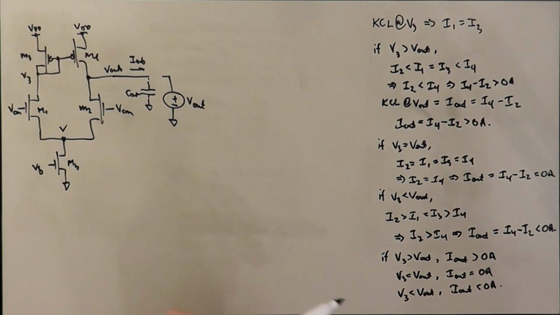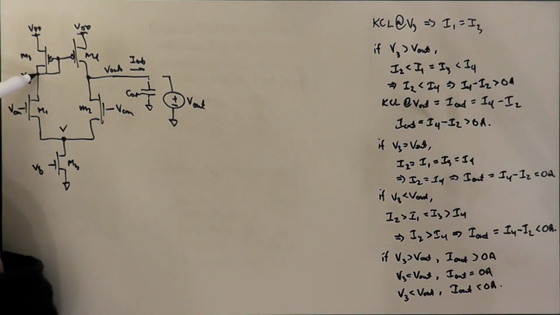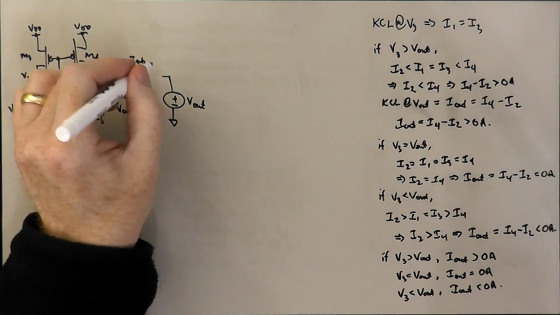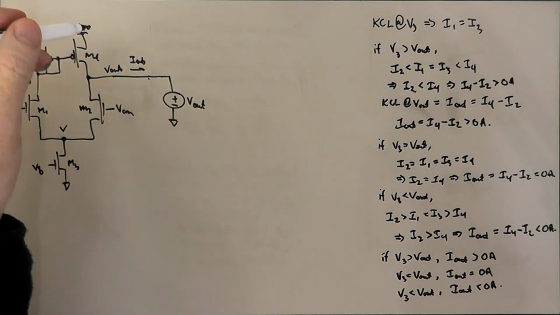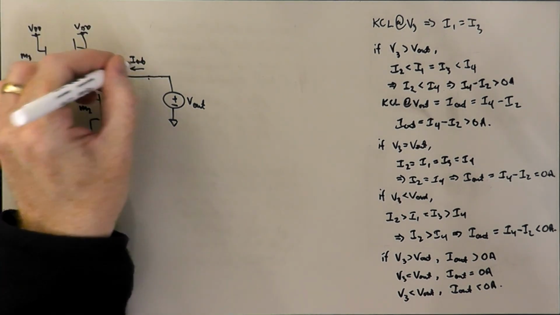Well, where is I out going to be equal to 0? I out's going to be equal to 0 where V3 is exactly equal to V out. So V out is going to basically rise until it balances the voltage that is on the input of the current mirror. Right? So if we imagine the situation where V out is higher than V3, we would have current flowing in.